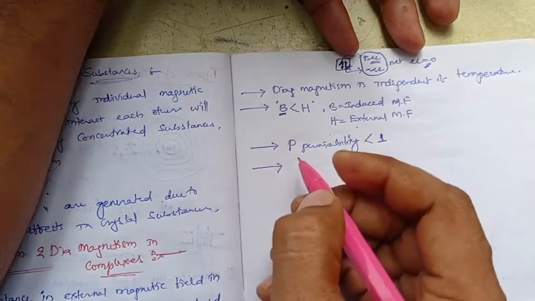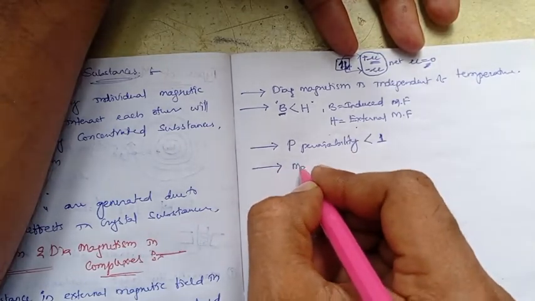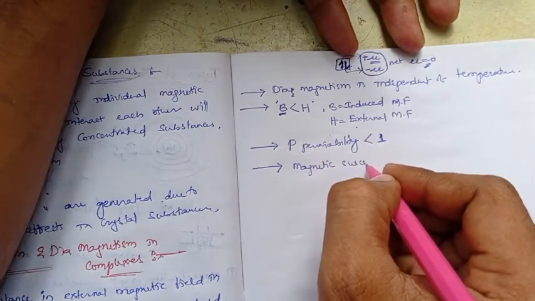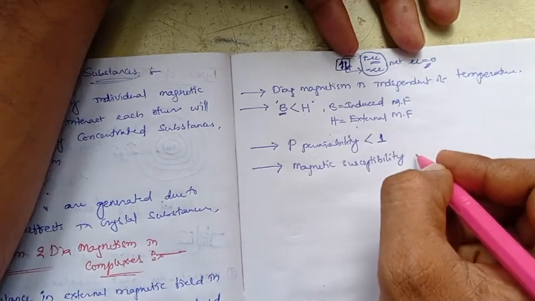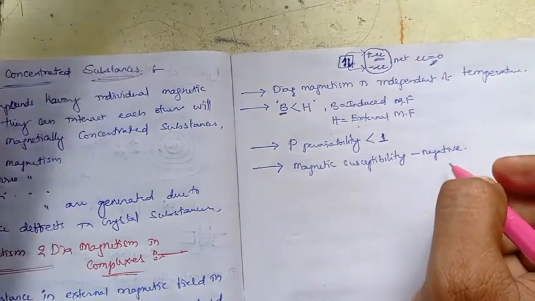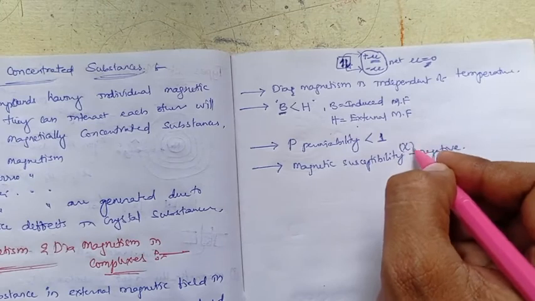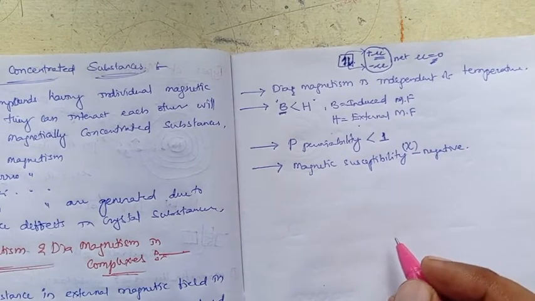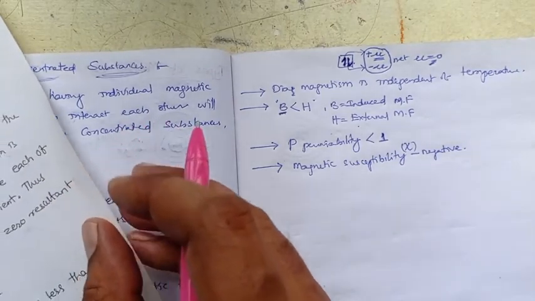And the magnetic susceptibility of diamagnetic substances will always be negative, will have all negative values. That's how we can represent diamagnetic substances and their characters, right?